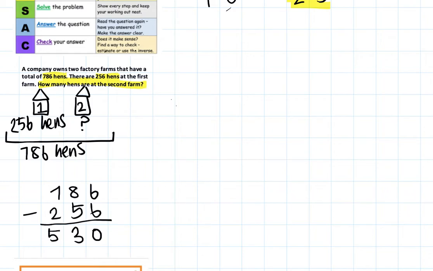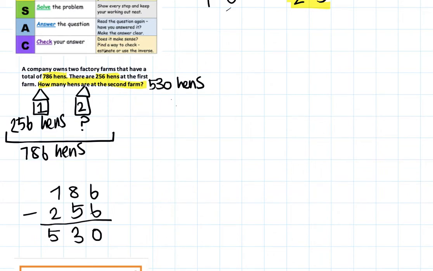Okay, I think I've answered my question. Have I made my answer clear? So just so the reader knows, I'm just going to write my final answer underneath the question. So 500 and 30 hens.